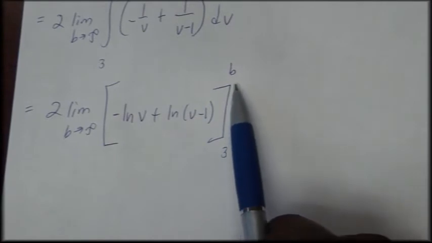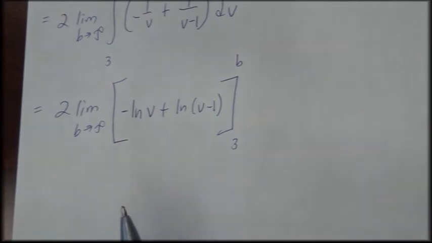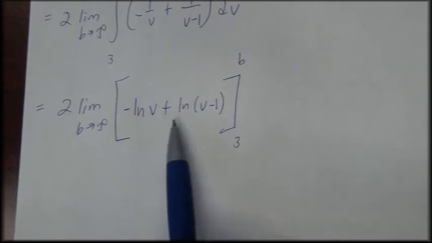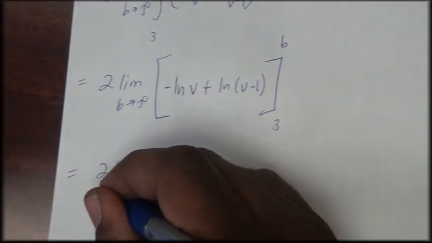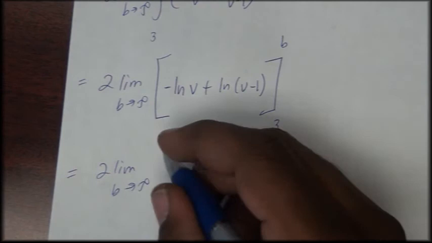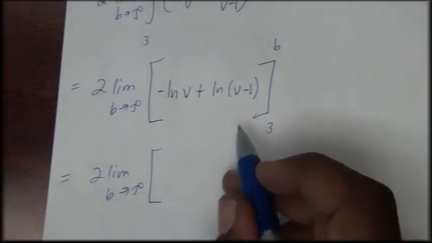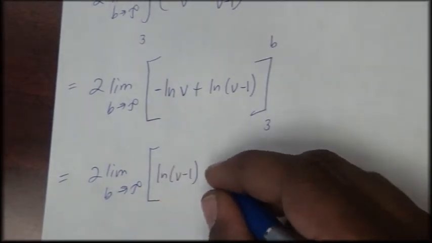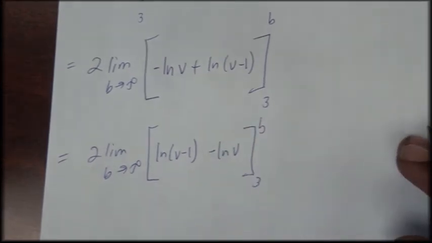The next thing I'll do is use some properties of natural logarithms to rewrite this as a single log term. So this is equal to 2 times the limit as b approaches infinity, and I'm going to rearrange this as the natural log of v minus 1 minus the natural log of v from 3 to b.